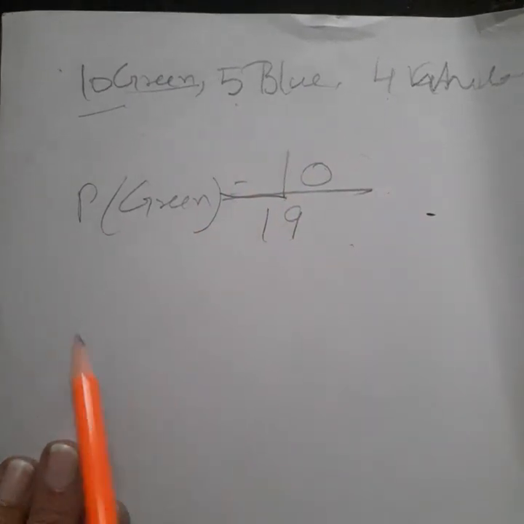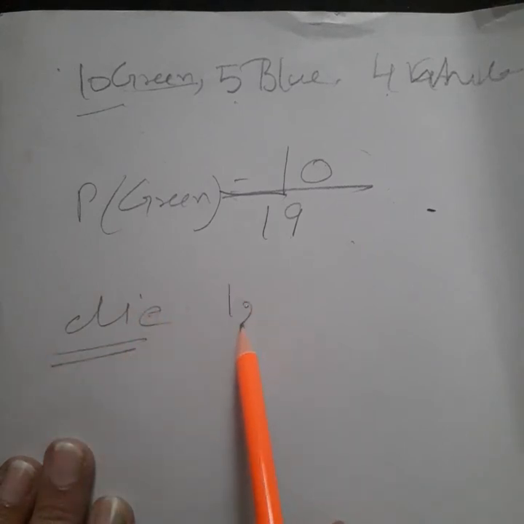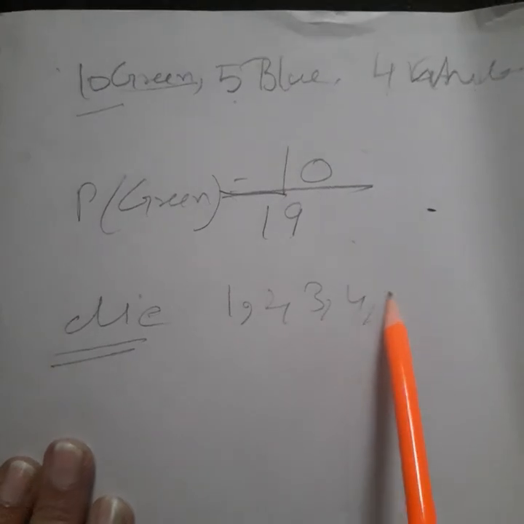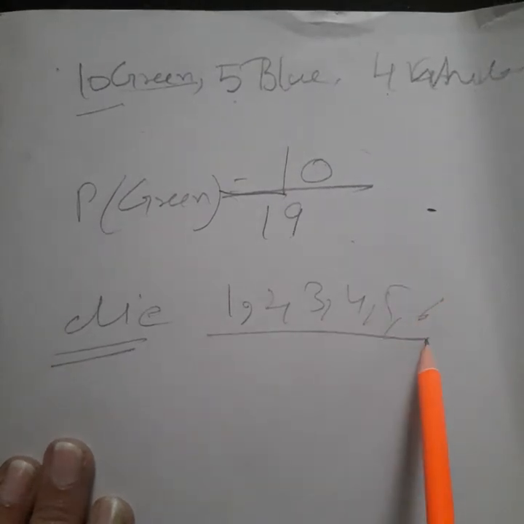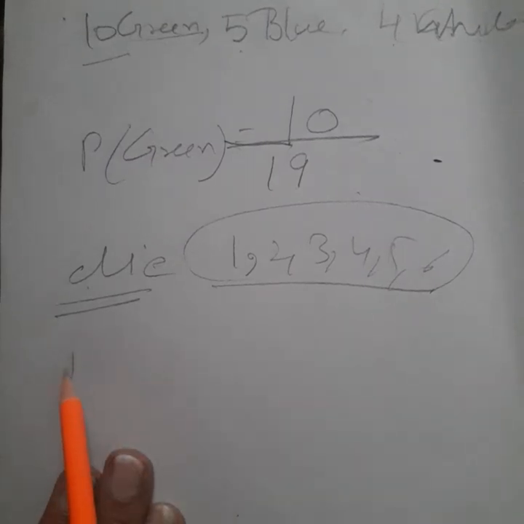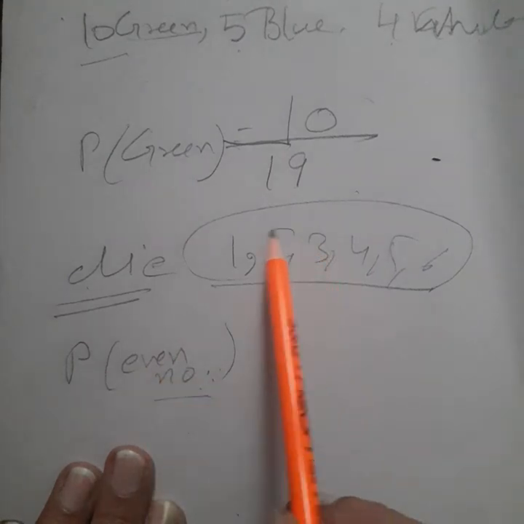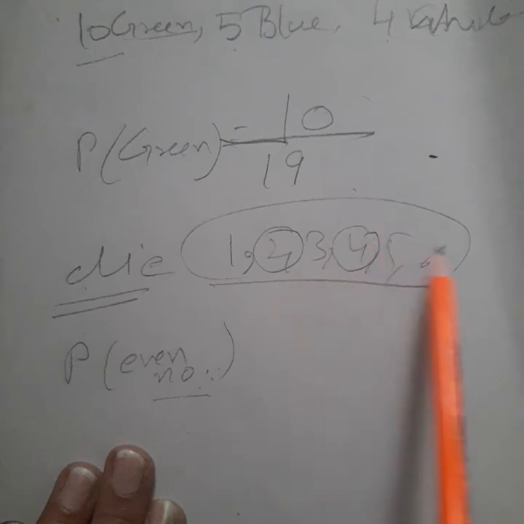And students, if you have a die, in the die we get 1, 2, 3, 4, 5, 6. The total number of outcomes is 6 in a die, we know that. And if it asks us to find the probability of even numbers, then students, what are even numbers? Even numbers are those which are divisible by 2.